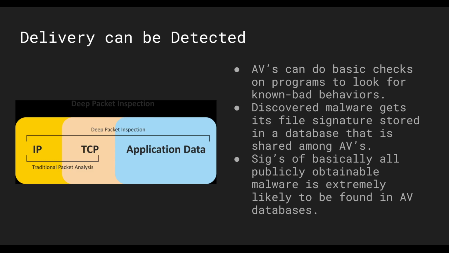I don't know if there are entire databases out there that contain IP addresses that belong to known botnets or, I don't know, Russian hackers and that kind of stuff. Those are flagged, and good firewalls will be able to recognize that this packet's coming from or going to a known bad IP address or domain, which both of those can be extremely disposable, but it's the first step, right?